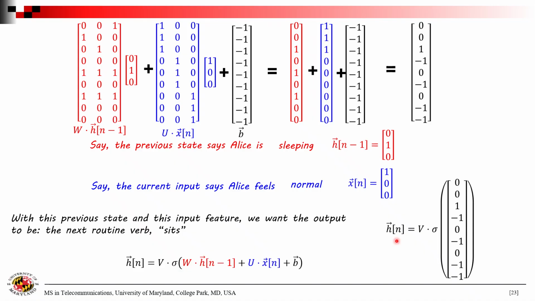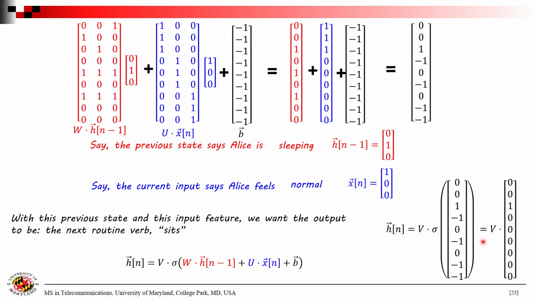Now we know that the current state for today is going to be V pre-multiplying the activation function of this vector. And we know, again, this 0 stays the same, this 0 stays the same, this 1 stays the same, minus 1 gets turned into 0 because of the ReLU function.